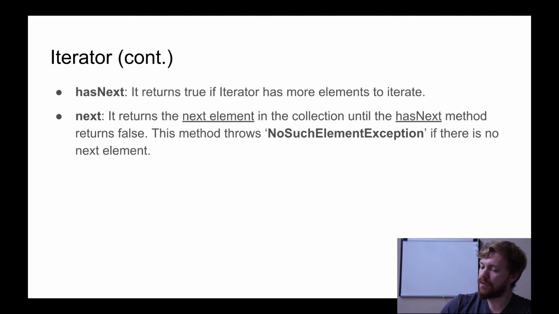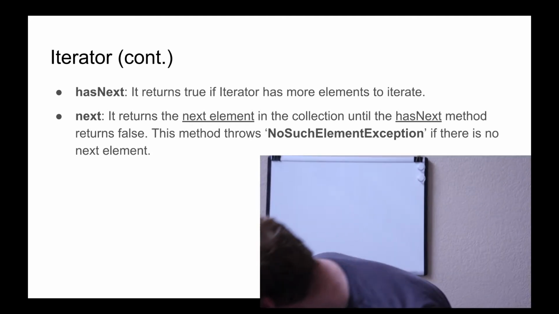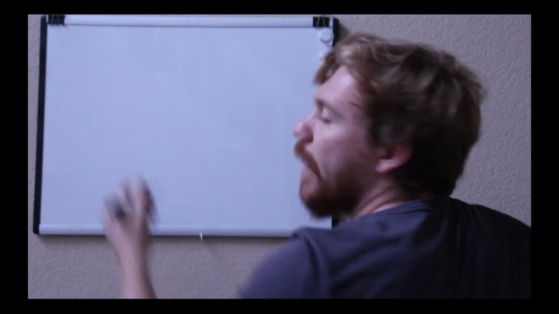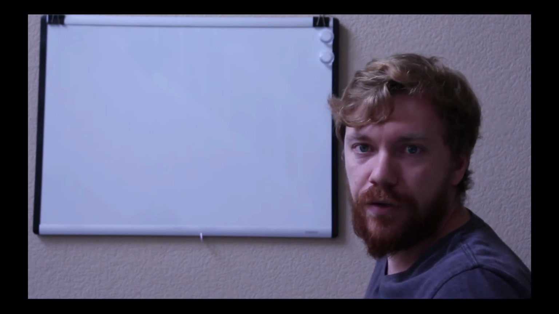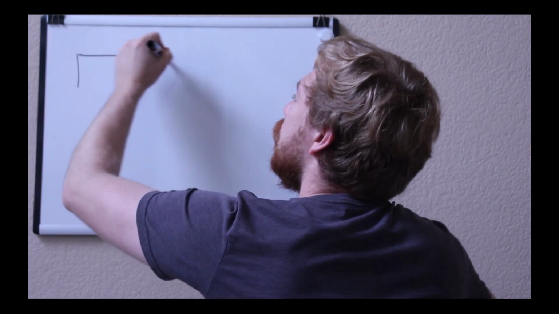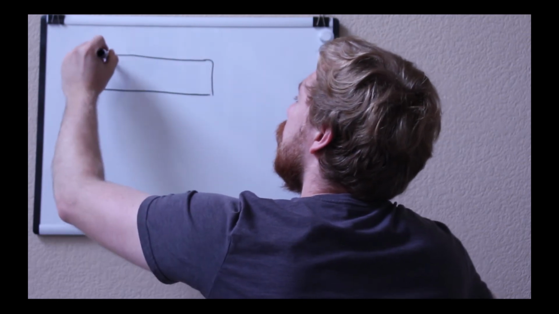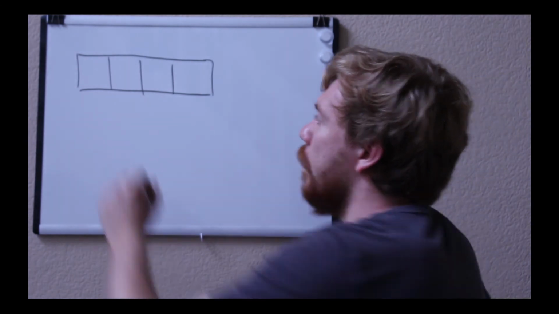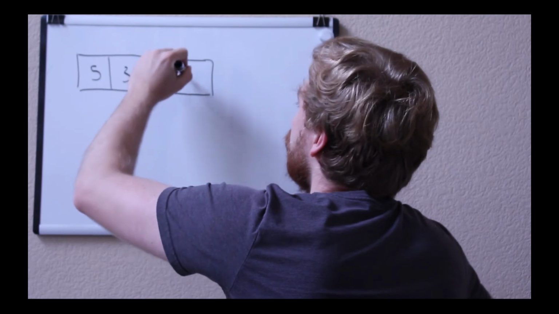So to look at this a little more abstractly, we'll go ahead and look at the board here. Let's say I have an array list, and I'm going to represent it just using a standard array by just drawing a bunch of cells. And so in this case, I'm only going to have, let's say, 5, 3, 7, 15.